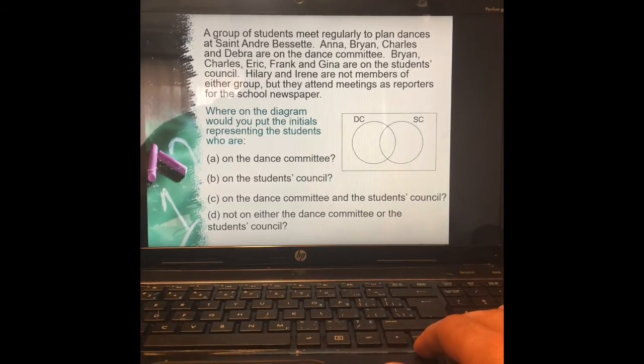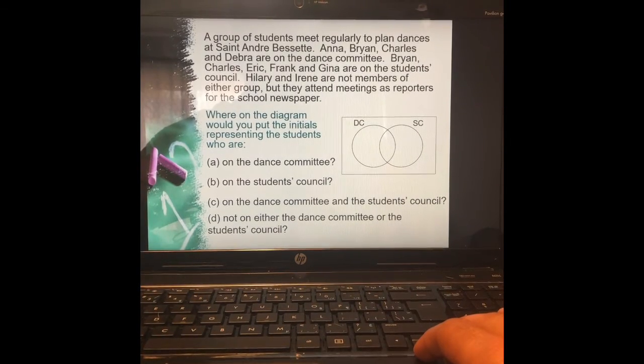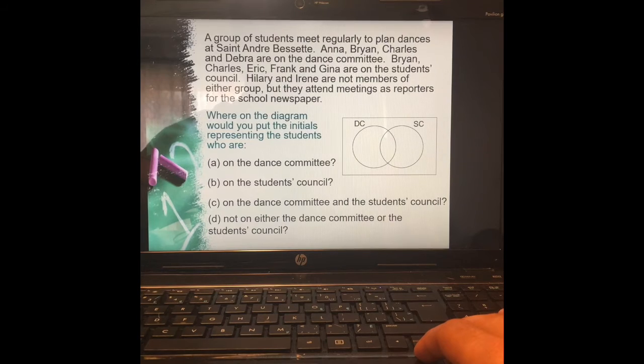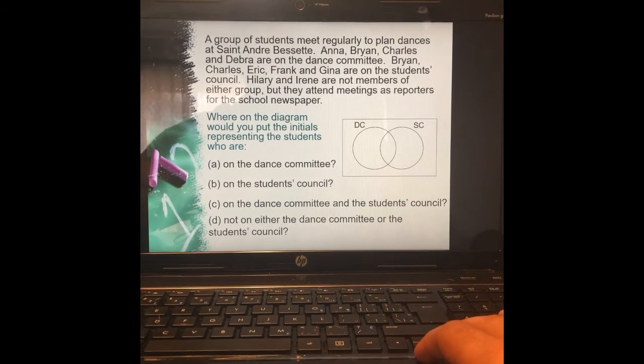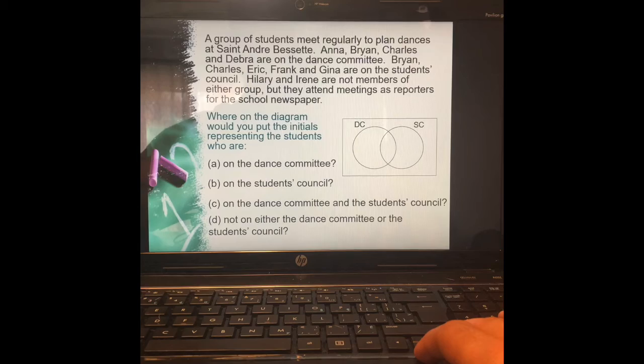You have to figure out that Brian is in both groups, so he'd be in the middle. If there's anybody else in both groups, you have to take a look, list them, and move on from there.